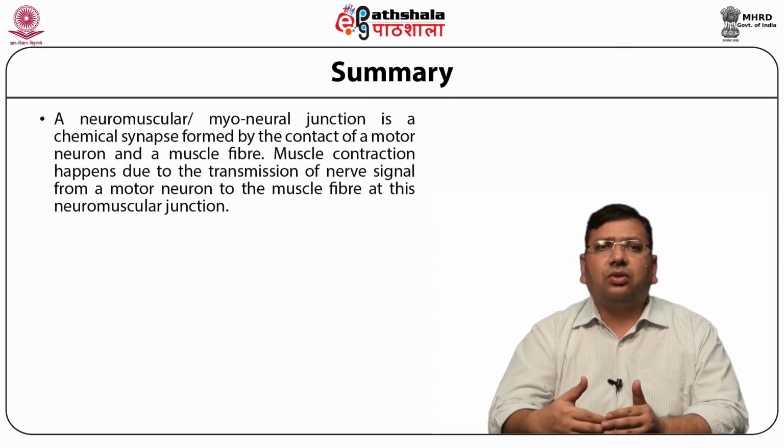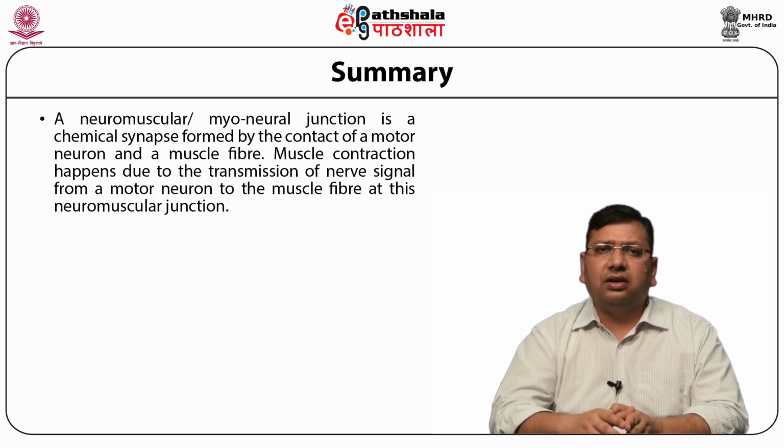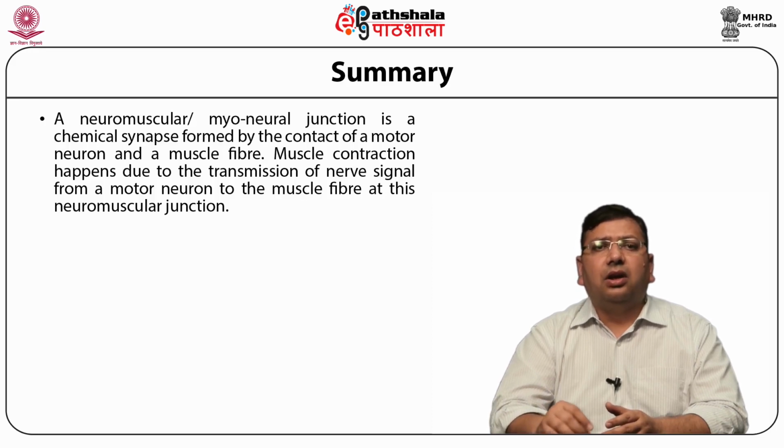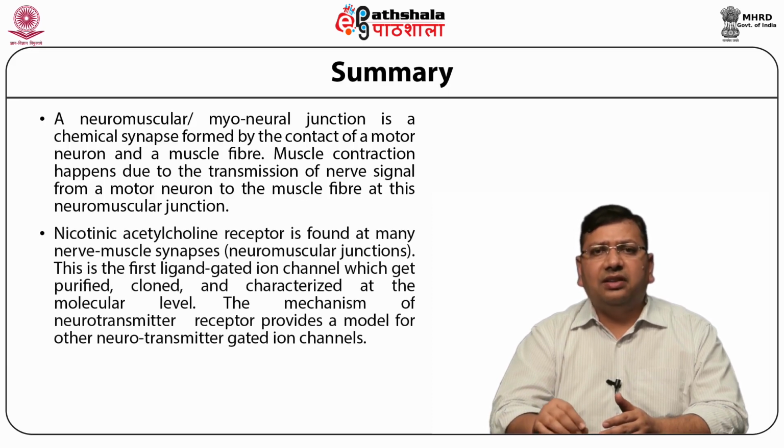A neuromuscular or myoneural junction is a chemical synapse formed by the contact of a motor neuron and the muscle fiber. Muscle contraction happens due to the transmission of nerve signal from the motor neuron to the muscle fiber at this neuromuscular junction. The nicotinic acetylcholine receptor is found at many nerve muscle synapses.